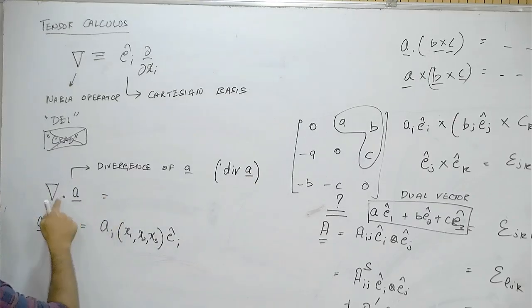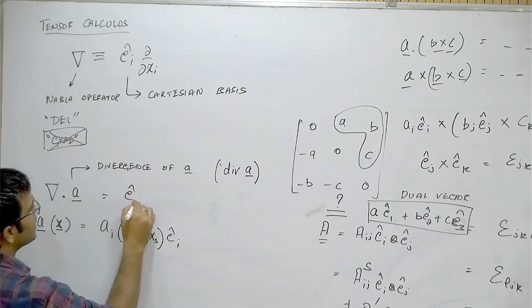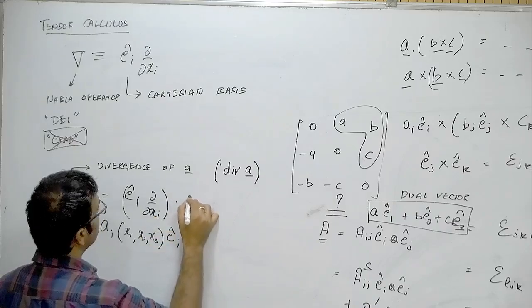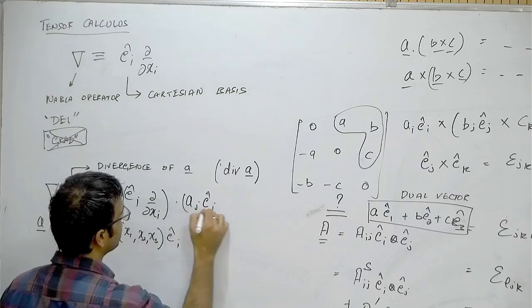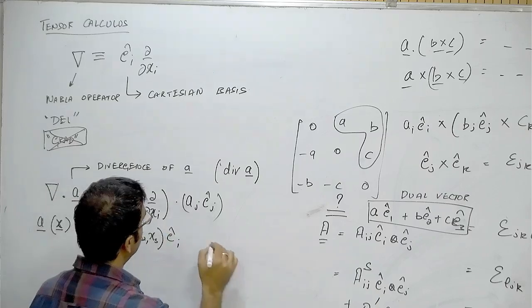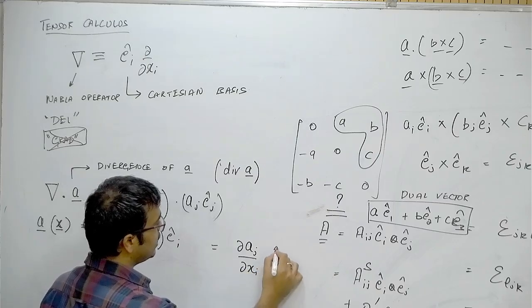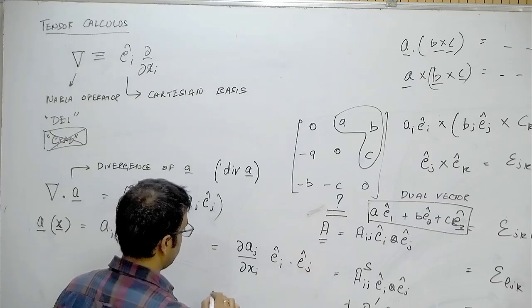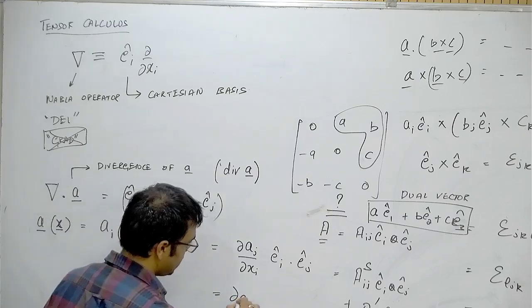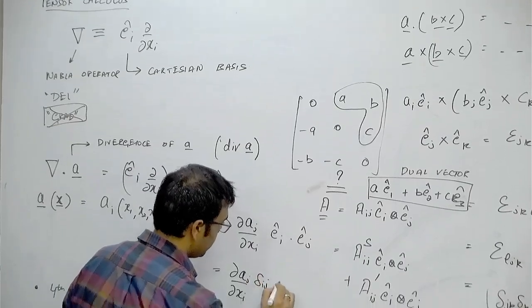By definition of this nabla operator, I'm going to write it as e hat i del by del xi dot aj e hat j. So again, what does this simplify to? This is del aj over del xi, e hat i dot e hat j, which is del aj by del xi delta ij, which is what?